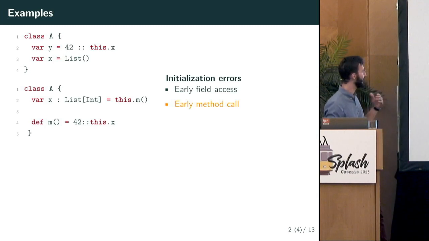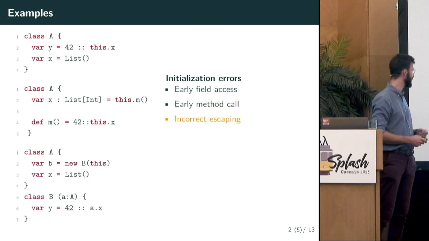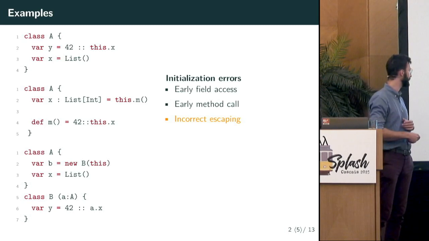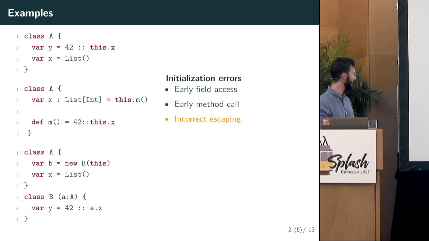And another way of having the same kind of issues is that if you build your object and inside the constructor of your object, you pass the this pointer to another object. And so the B class here expects an A object, so it tries to access a field of A, and there is an initialization error.